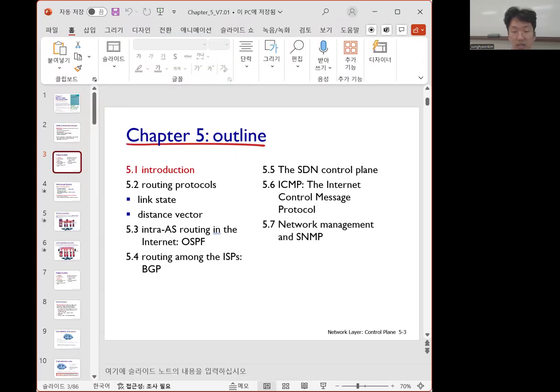I want to talk about the network control plane, BGP, and also the distance vector algorithm very soon. There's the Floyd-Warshall algorithm and the distance vector algorithm.